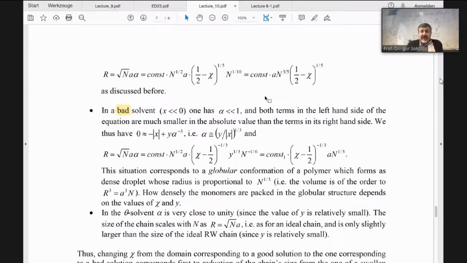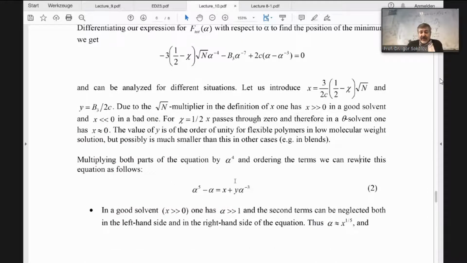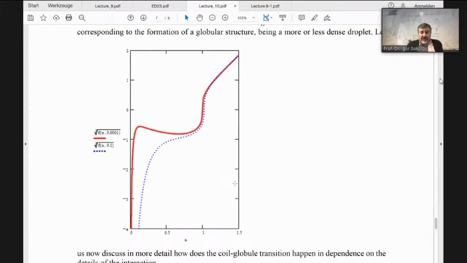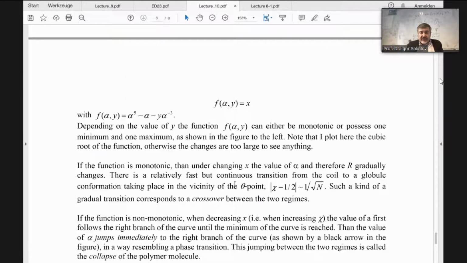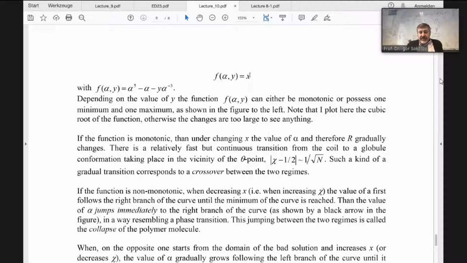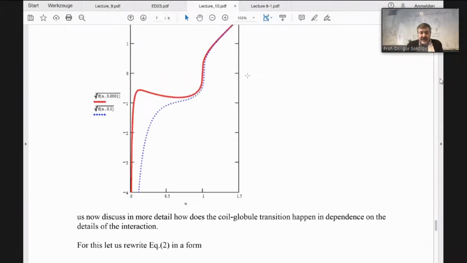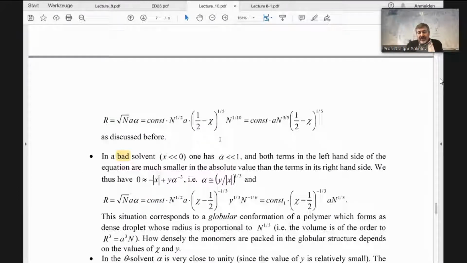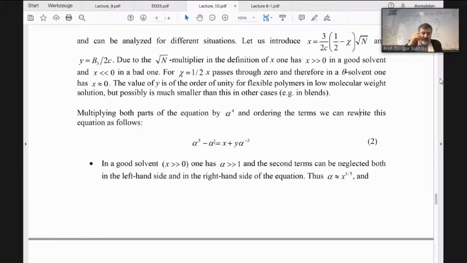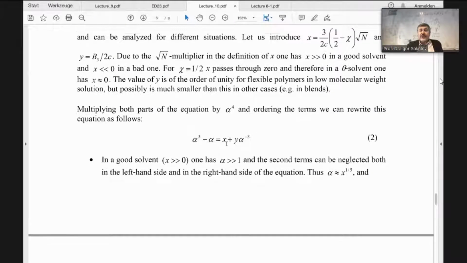And for this, I again look at this function and I plot now essentially the following. I divide everything by, so look at my equation, and I will explain what I'm doing. I put everything which contains alpha on one side and let this function be equal to x on another side. So alpha^5 minus alpha minus y alpha^(-3) is equal to x.